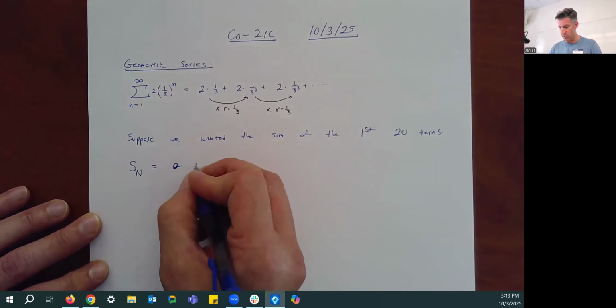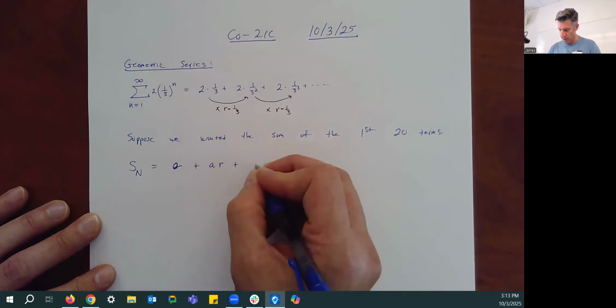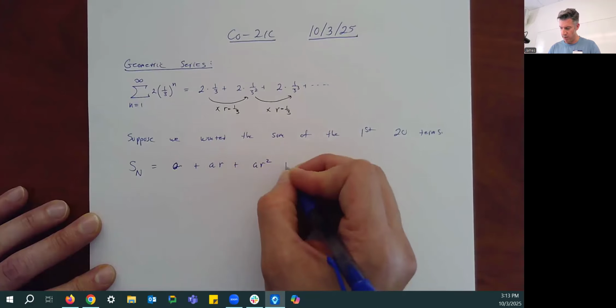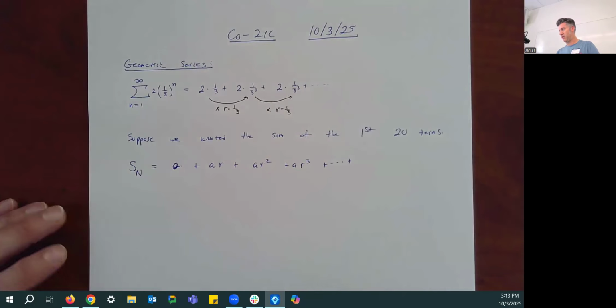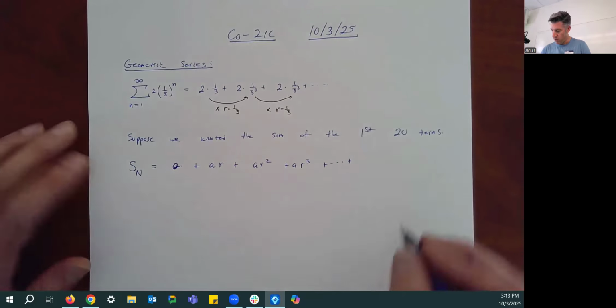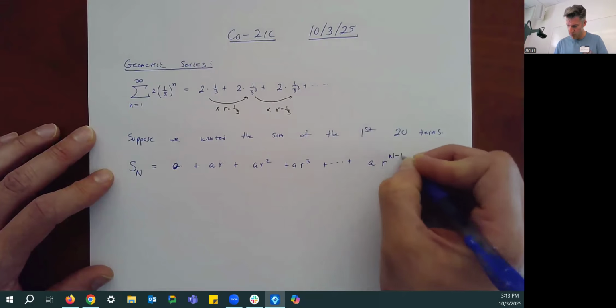And then my next term is just A times my ratio, and then A times my ratio squared, and then A times my ratio cubed, all the way up to, now this is where I feel like the notation gets a little bit messy, A times my ratio to the n minus 1 power.